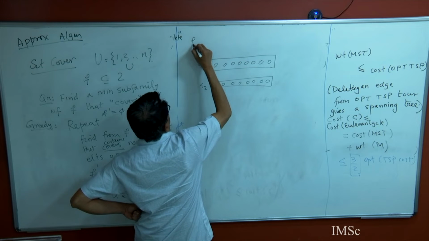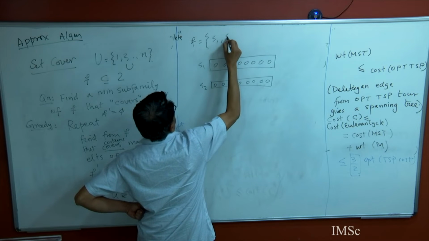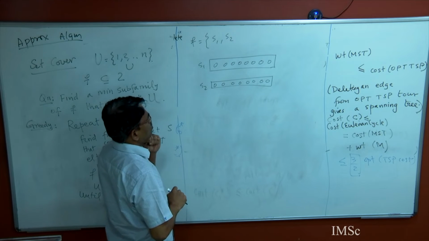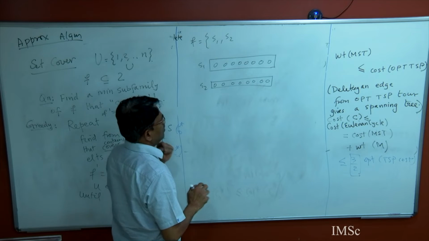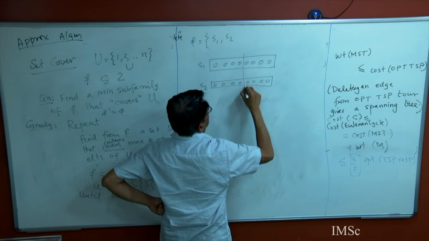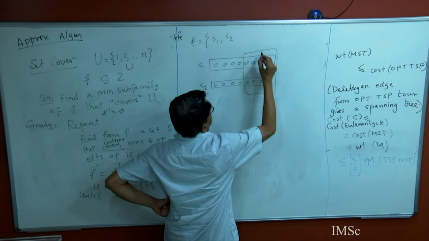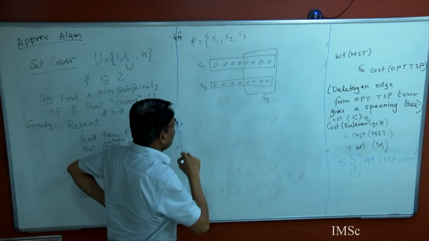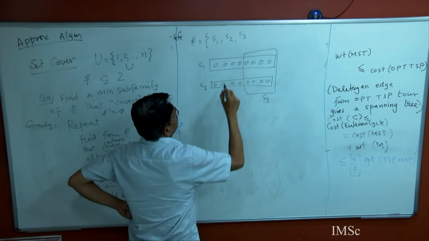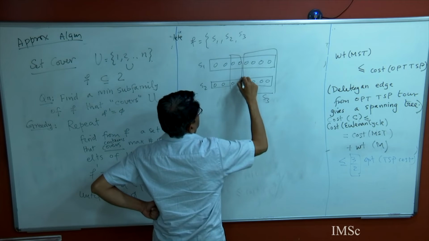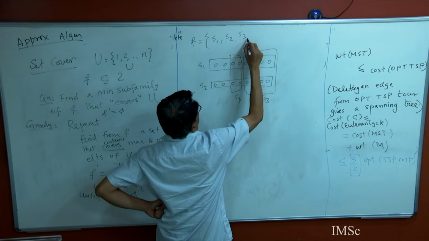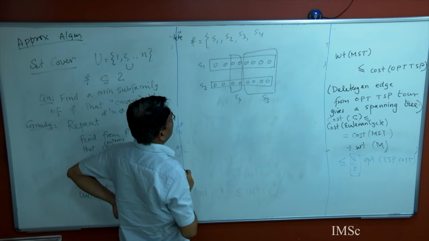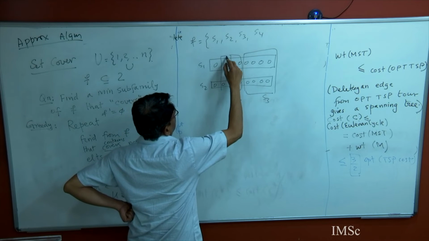This is my family, and these are the elements. Let's say this is my S3. This is my set S4. This is my set S5.